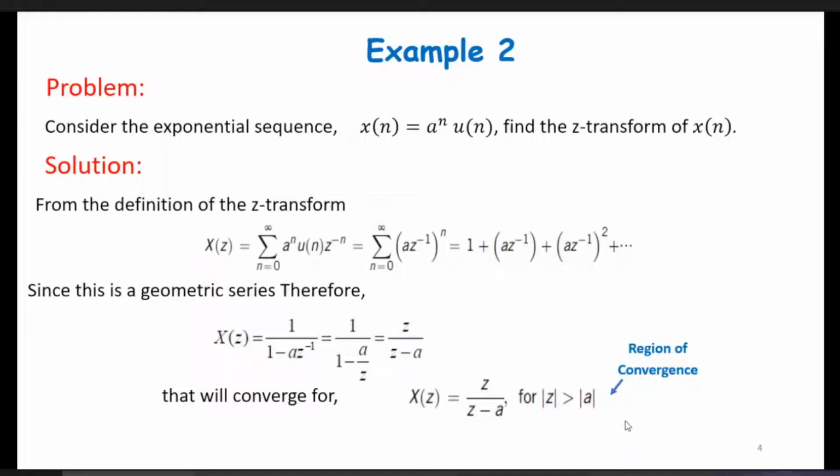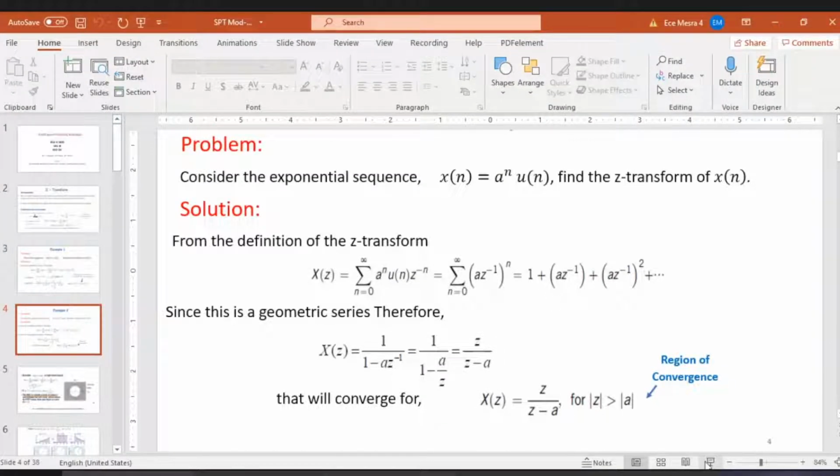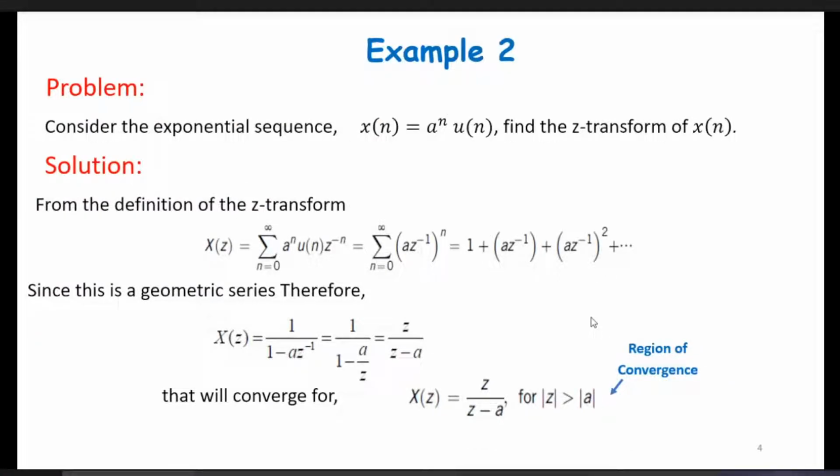Then only it will be finite. So in this case, where does the ROC lie? Can you tell? Sir, outside the circle of radius a. Outside the circle of radius a. So for this case, it is a causal sequence.